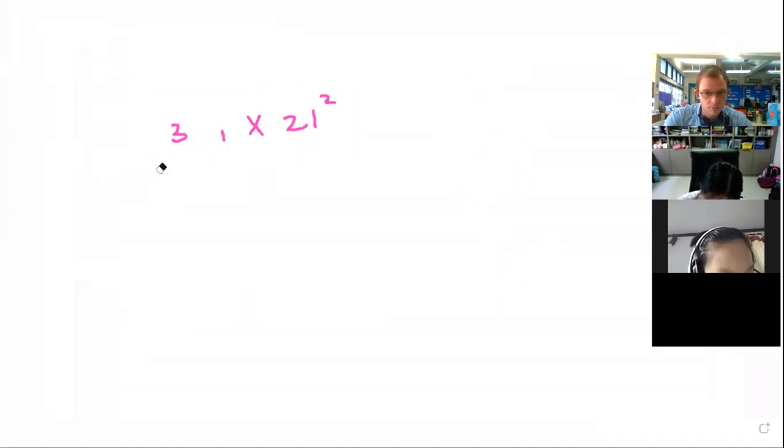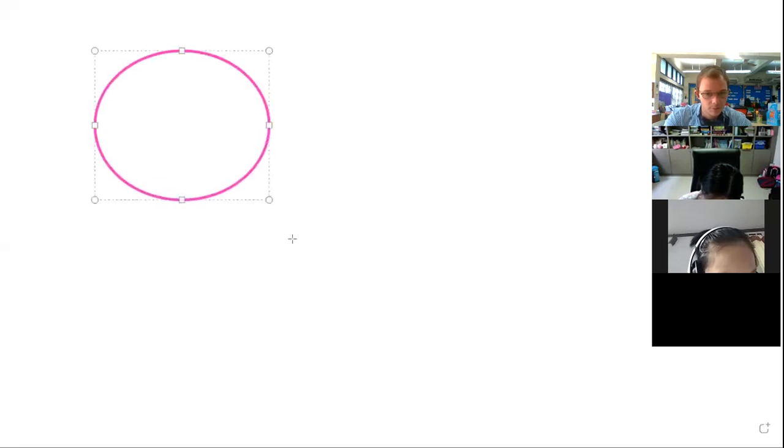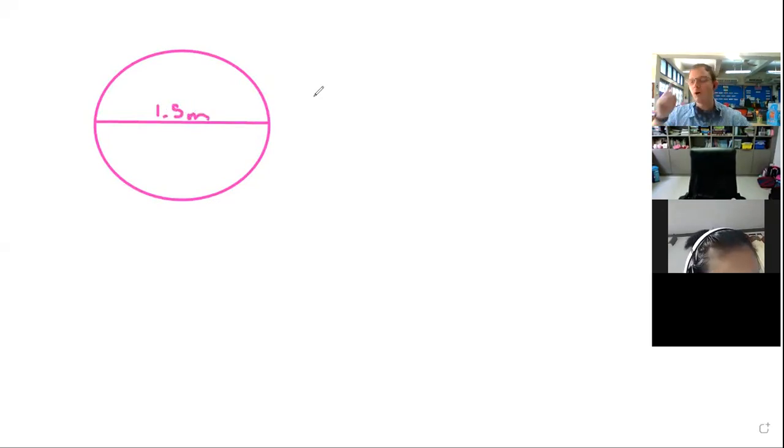So we have a circle here, and the diameter of the circle equals 1.5 meters. How will we calculate the area of this circle? What is the formula over here? Who can tell me?